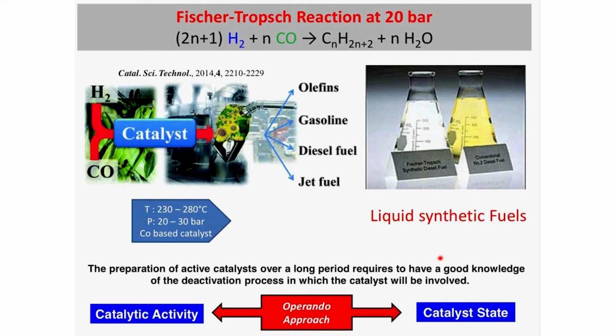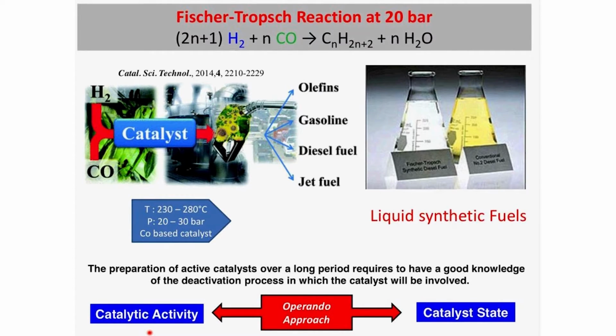In this combination of techniques, we try to improve our knowledge of the activation process of the catalyst. To do that, we need an operando approach. That means recording simultaneously information about the catalyst state during the reaction and the catalytic activity of the system.